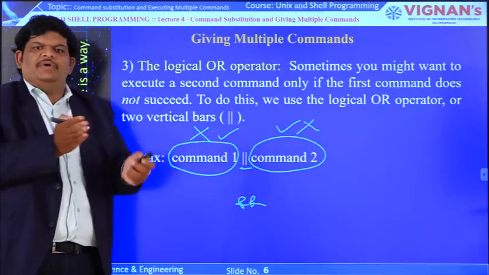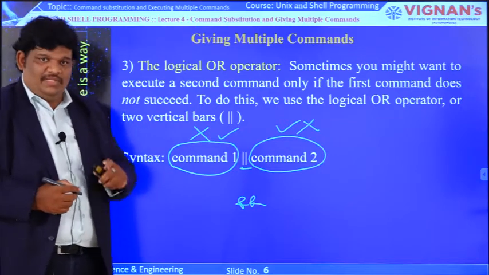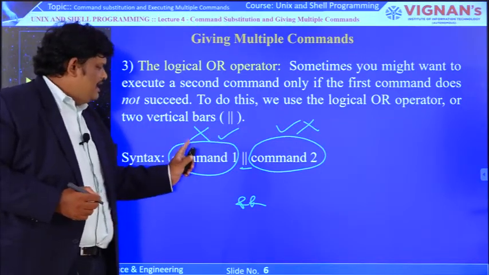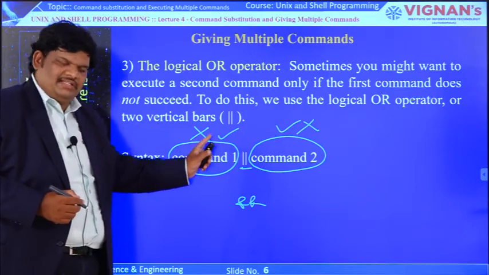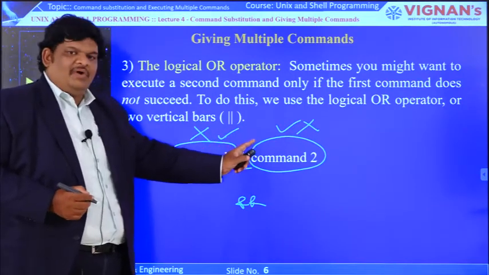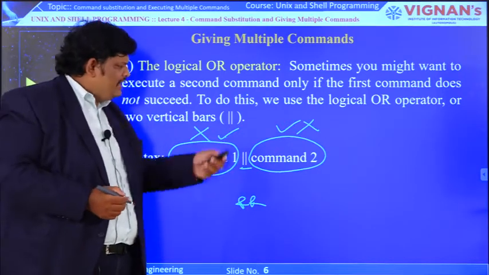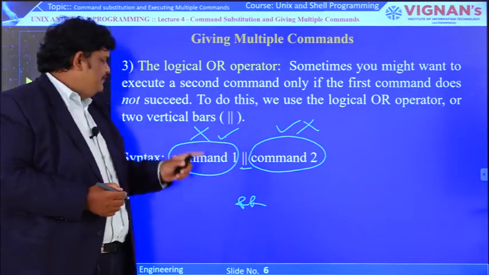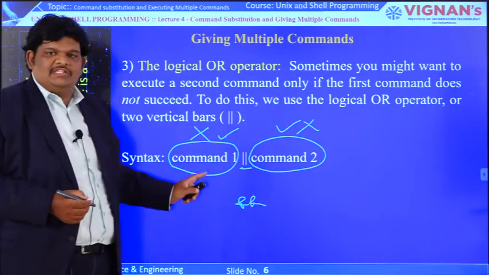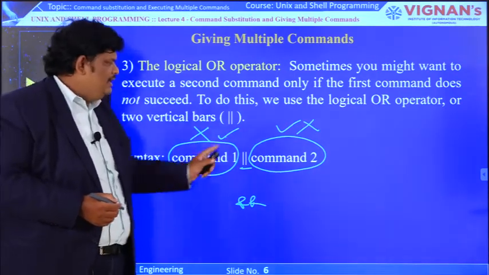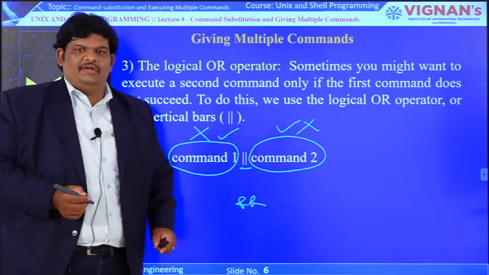Quite opposite to the logical AND operator. Once again, if command 1 executes successfully, the shell will never execute command 2. Command 2 will execute only if command 1 executed unsuccessfully.